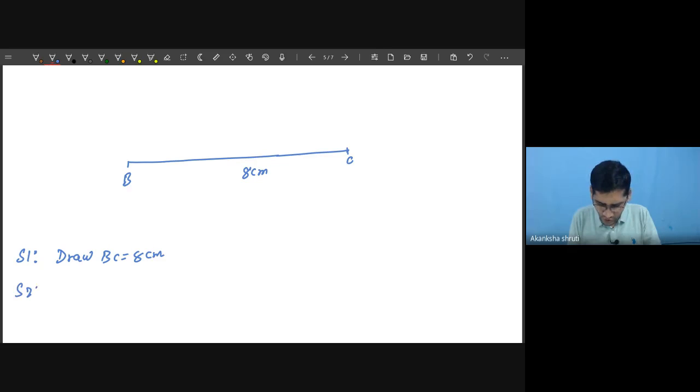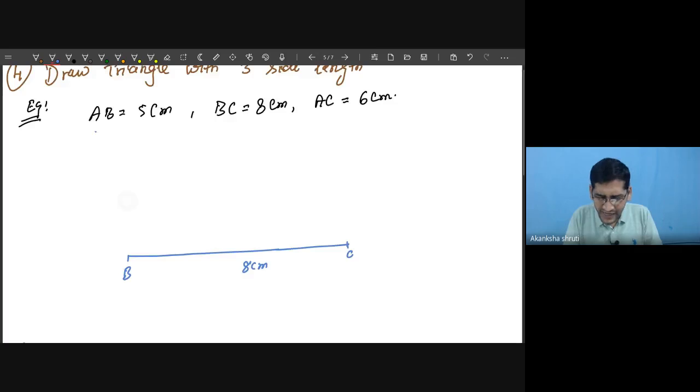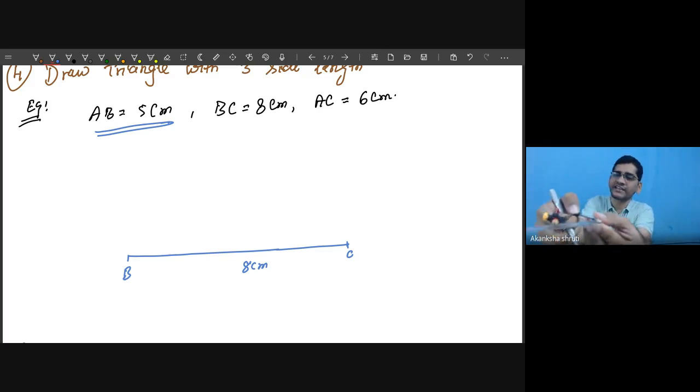Now step number 2, you have to take AB as radius of your compass. Okay, so extend it by placing it for 5 centimeter. Place it on the 0 and see here it is for the 5 centimeter. Now place one tip at B and make a circle.